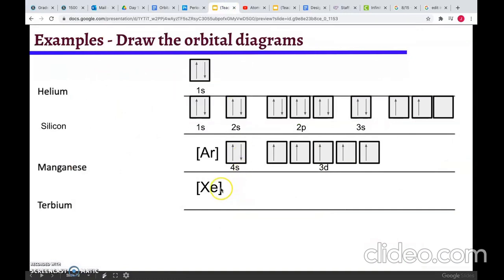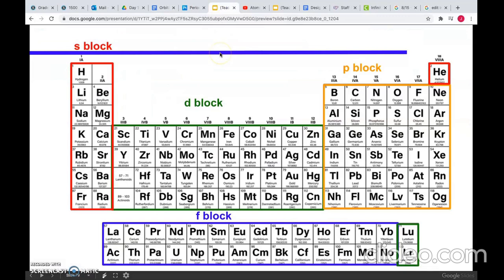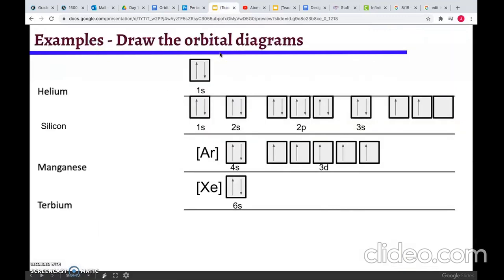And then next we're just going to look at the valency of terbium. So here's terbium right here. We can see that the 6s should be filled. So 6s is what you want to write down first. And that should be filled.